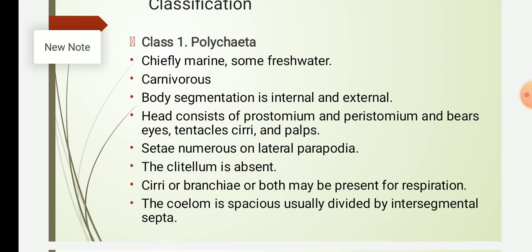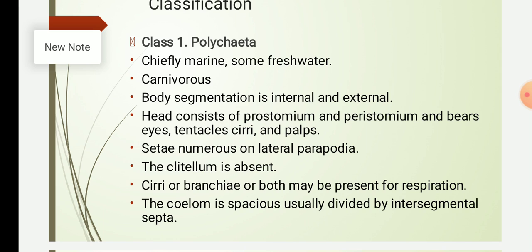What is the clitellum? The clitellum is a thickened glandular, non-segmented section of the body wall placed near the head of the organism. Basically, it is found in earthworms and leeches, but in polychaetes, for example Nereis, the clitellum is absent.